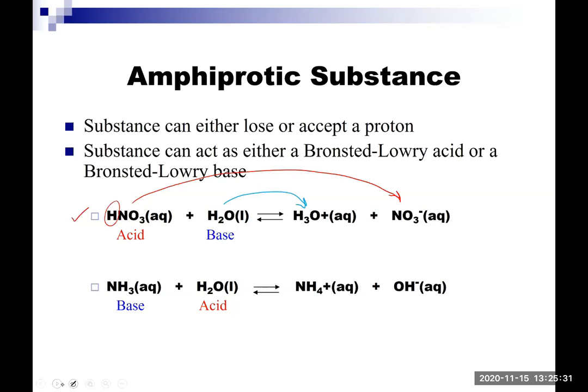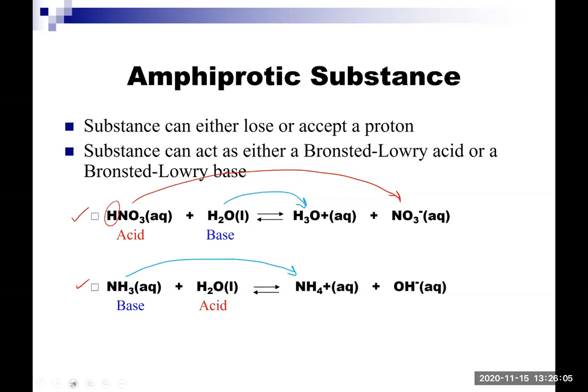Let's have a look at the reaction at the bottom of the screen with ammonia in water to form ammonium ion and hydroxide ion. The ammonia in this case, if we look at reactants to products, goes from NH3 to NH4 plus. In other words, it is accepting a proton. In accepting a proton, ammonia is acting like a Bronsted-Lowry base.